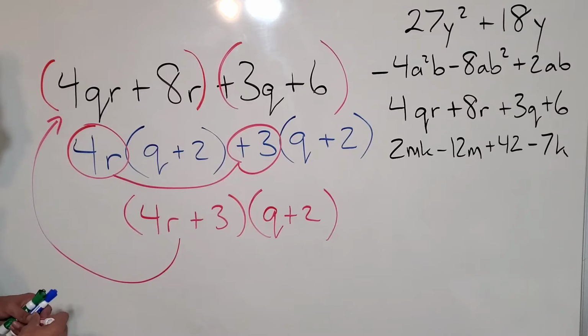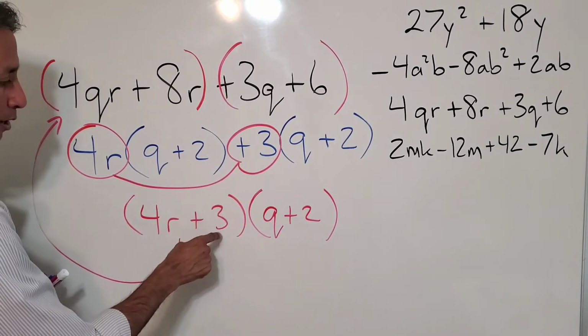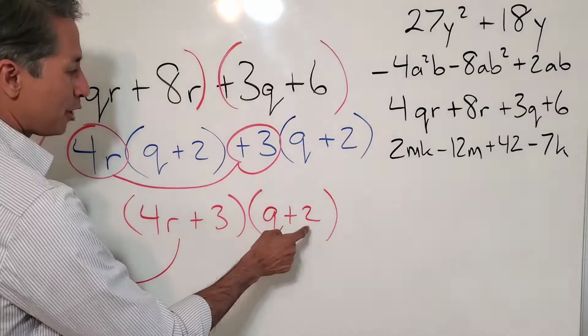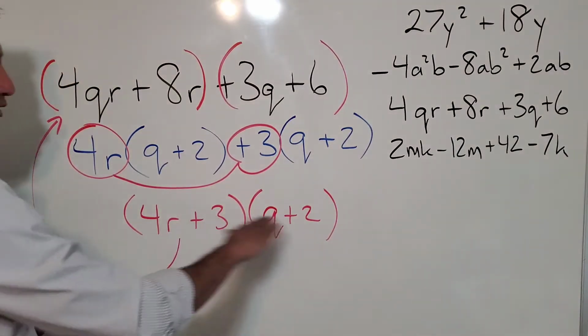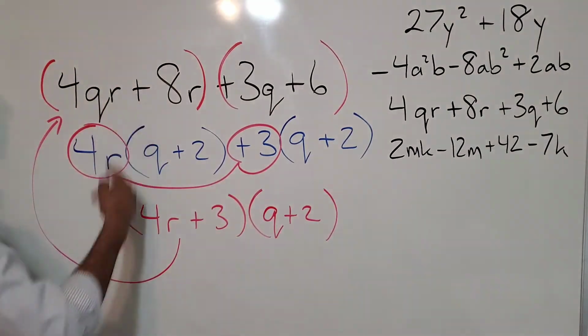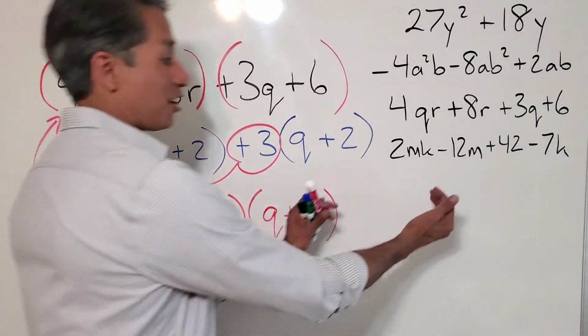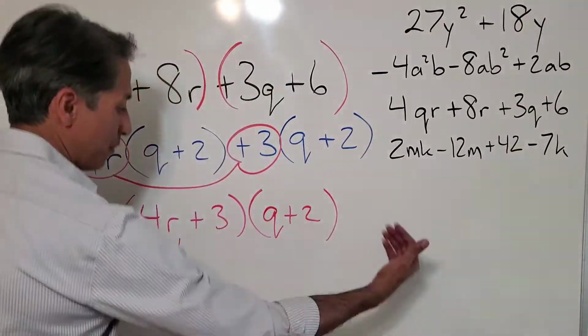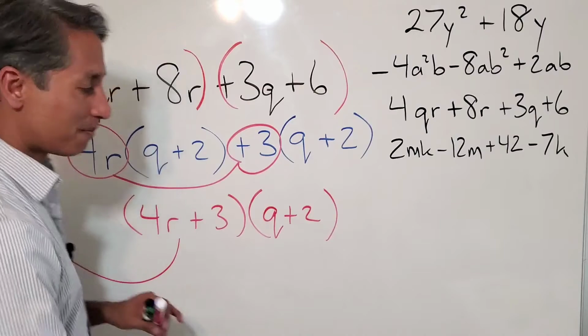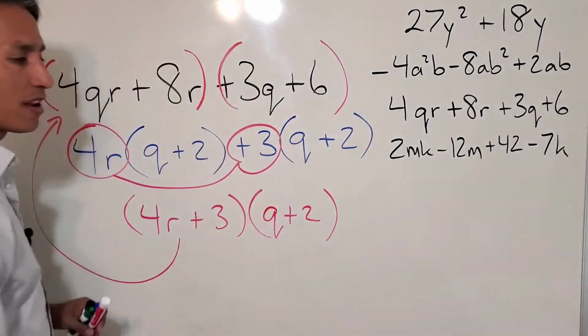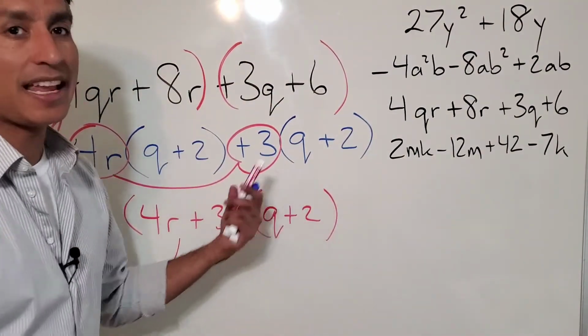Because I got 4R, a number, a Q, and another number, if I were to FOIL this, I would end up with what's up on top. If I add another Q plus 2, I'm going to end up with a big old trinomial or polynomial down here that's going to have all kinds of stuff going on, and that just ain't going to work.